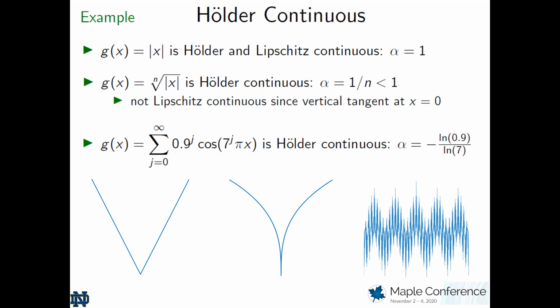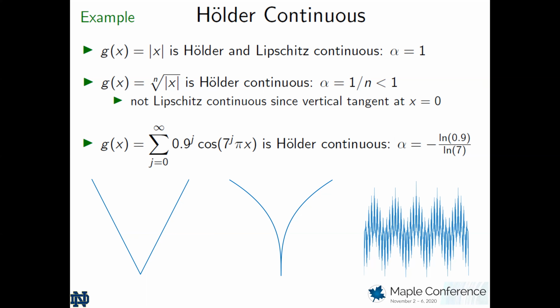So this gives us a generalization of Lipschitz continuous functions to be able to consider a broader class of functions. We don't need the derivative to be defined. We just need to have control of this exponent. And last is an example of a Weierstrass function.